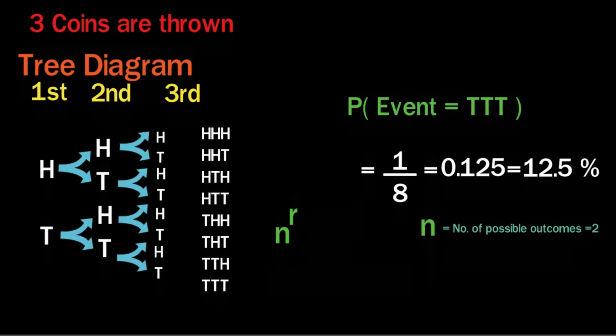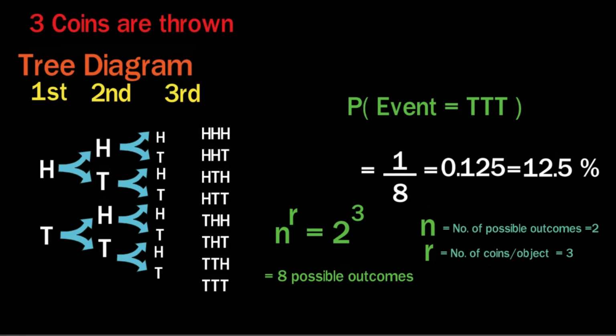Then r is the number of coins or objects, which is 3. So 2 to the power of 3, you will get 8 possible outcomes. This is how you can get the number of possible outcomes.